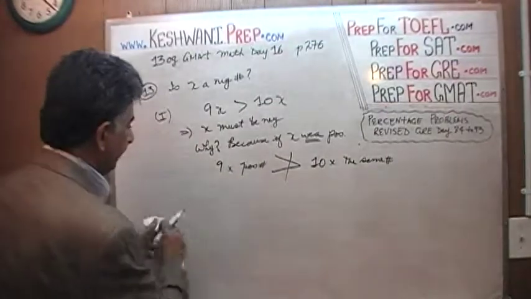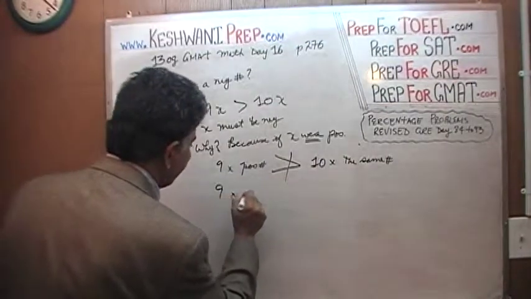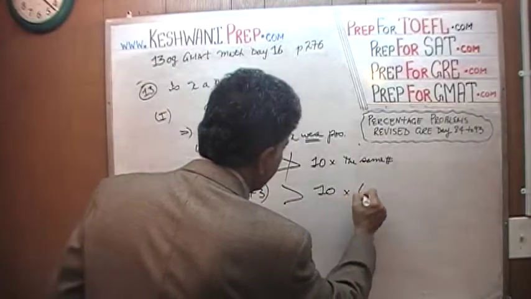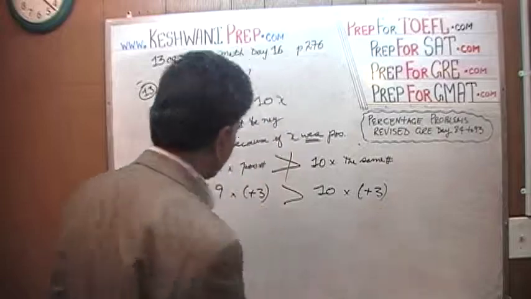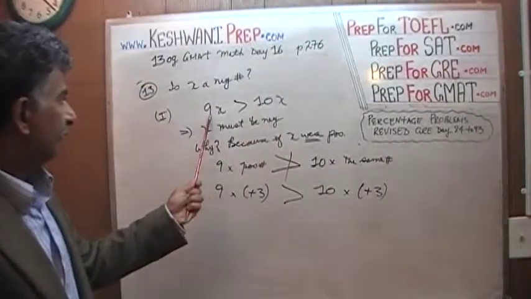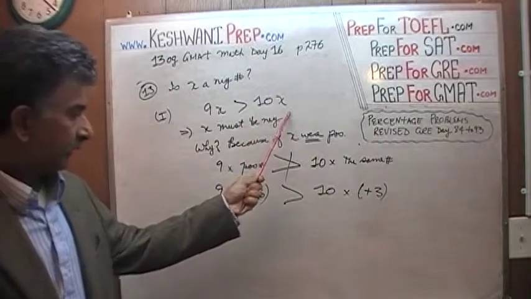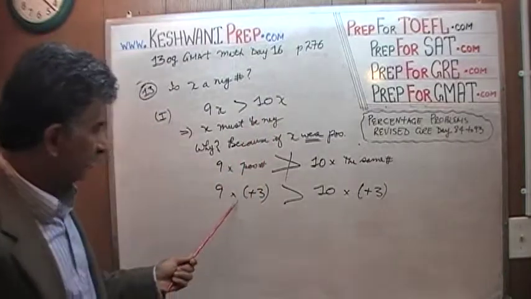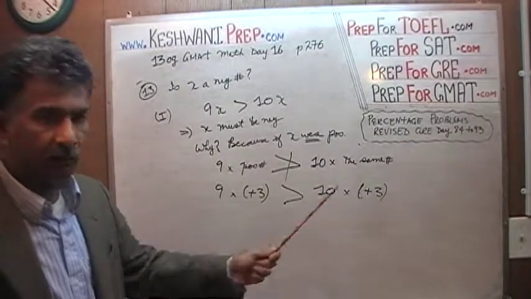How can 9 times positive 3 be greater than 10 times positive 3? Of course it's not. We are being told that 9 times some number is greater than 10 times some number. So that number must be negative, because obviously positive 27 is not greater than positive 30.